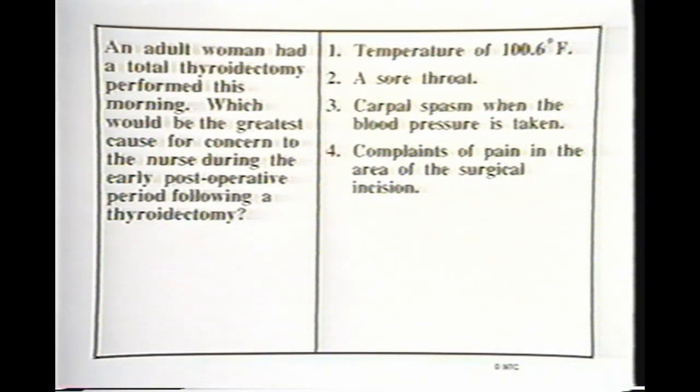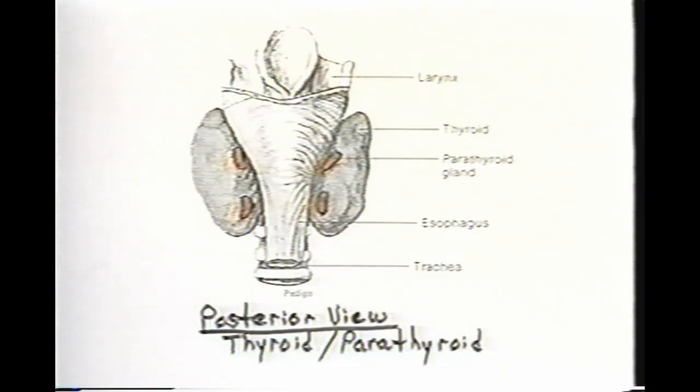The last choice in the question was about pain in the area of the surgical incision. Pain in the immediate post-op period is a given, so that's not something that we're most concerned about. We are, however, concerned about signs of hypocalcemia, which is manifested by tetany. Now I want to show you why we're so concerned about that. So you might want to take a look at this next picture where we see these 4 little brown beans.